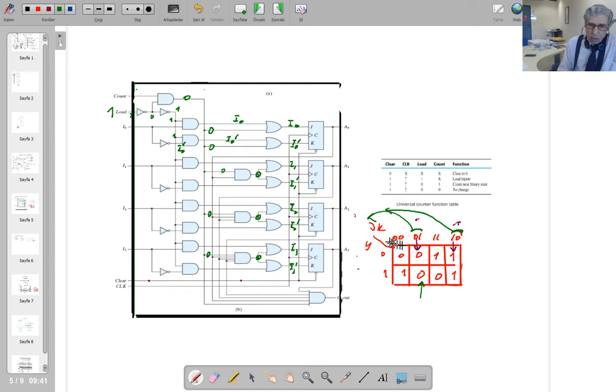The conclusion is this: if the inputs are opposite to each other in value, then the J input is transferred to the output. So when the inputs are opposite to each other, which is this case, the J input is transferred to the outputs. I0 we're going to see here, I1 we're going to see here, I2 we're going to see, and I3 we're going to see.